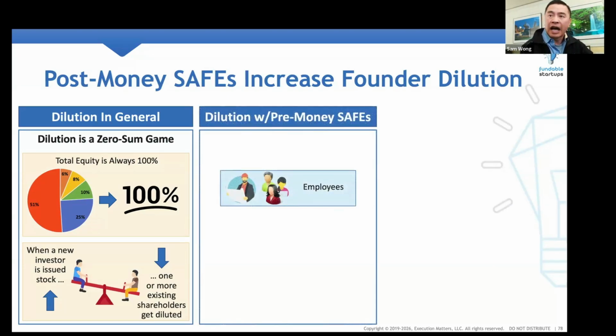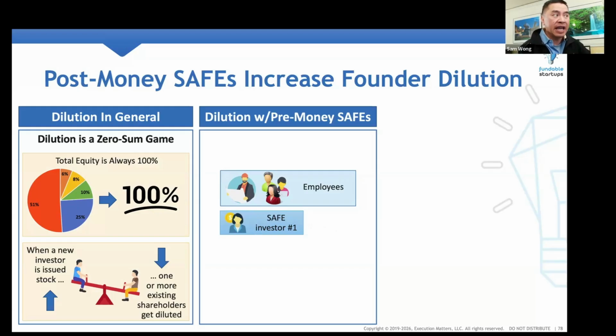How does dilution work with the original pre-money safe? Before the startup raises any funds, you have employees. They own all of the equity in the startup. Then a safe investor comes in and signs a contract. It says, yes, here's my money, and I'll sign a pre-money safe.